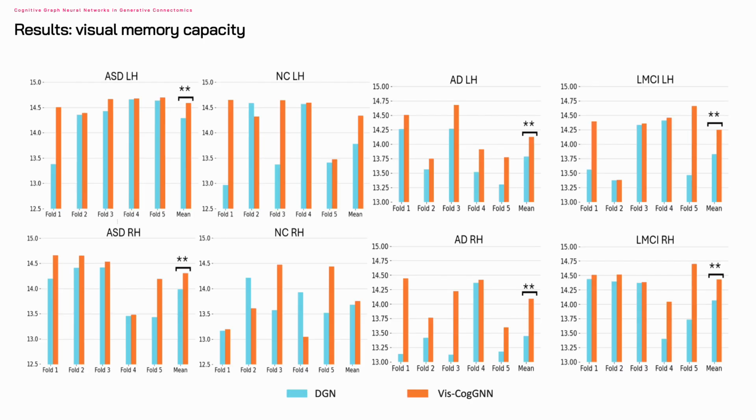As shown in the plots, the VIS-COGGNN significantly outperforms DGN, achieving statistically significant results in both AD and ASD datasets. These results underscore the benefit of integrating cognitive mechanisms into the CBT generation, such as visual memory, which is the key feature of our approach.